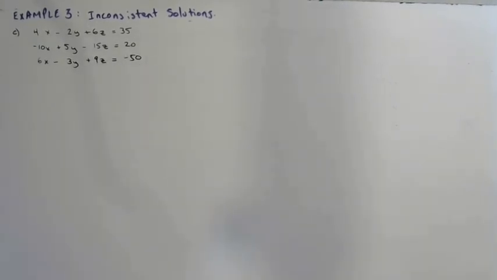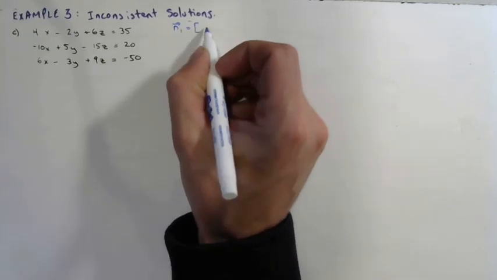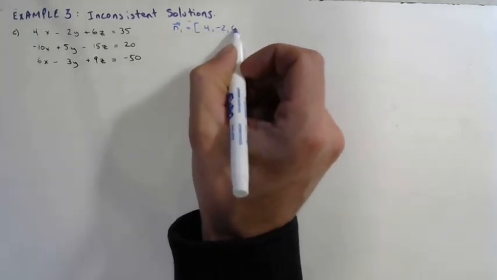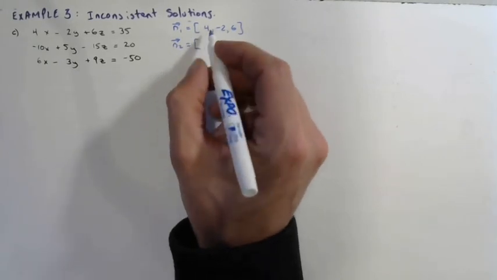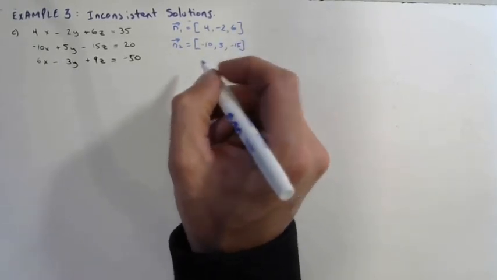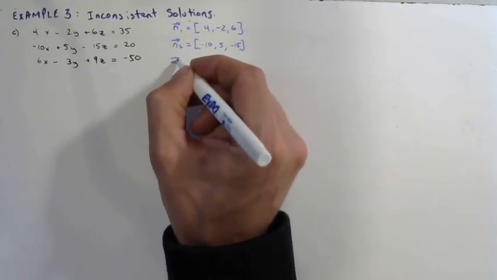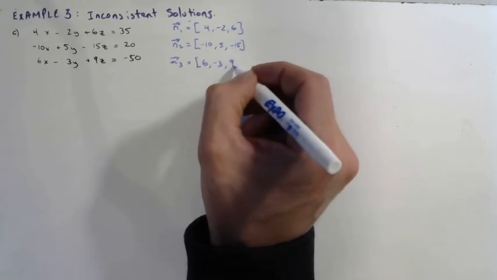Step 1, normal vectors. Normal vector 1 is 4, negative 2, 6. Normal vector 2 is -10, 5, -15. Normal vector 3 is 6, -3, 9.